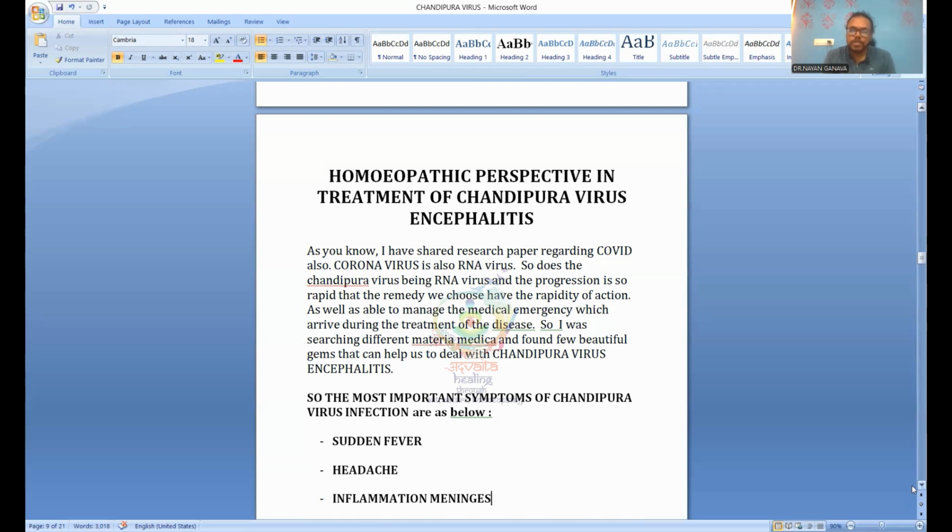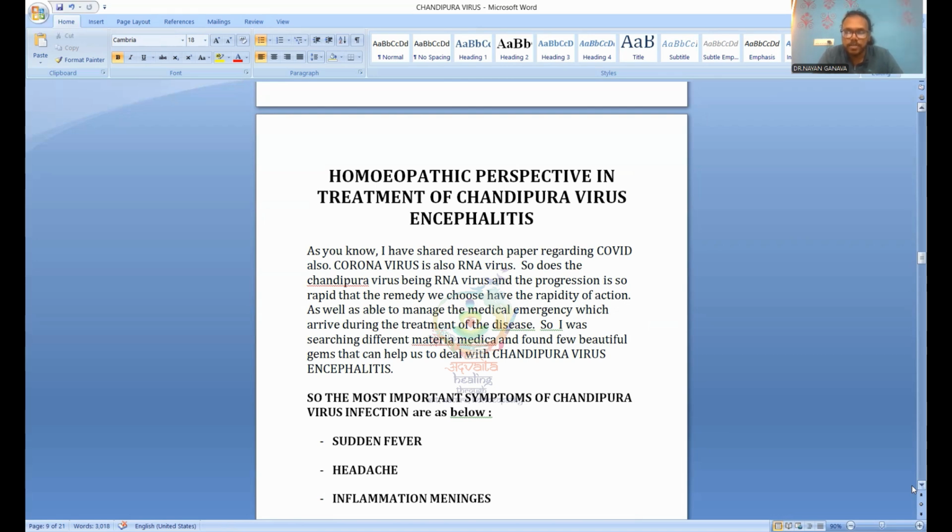As you know, I have shared a research paper regarding COVID also. Coronavirus is also an RNA virus. So is the Chandipura virus, being an RNA virus, and the progression is so rapid that the remedy we choose should have that rapidity of action, that acuteness of symptoms, as well as be able to manage the medical emergency which arises during the treatment of the disease.